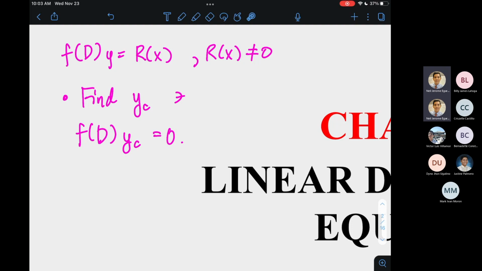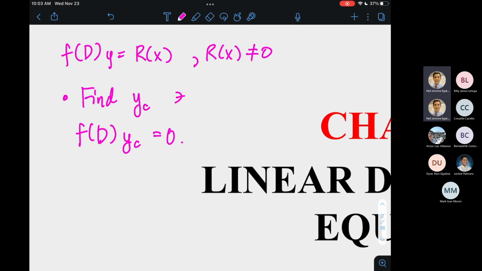Kung alam mo yung quartic formula, that's fine. Pero sabi ng Math 111 nyo, wala nang quintic formula. Yun yung na-prove ni Galois way back in the 18 or 1600s, I'm not sure. Pero yun yung drawback nito nung method natin, pagka malaki na yung degree ng polynomial, baka mahirap na siyang hanapan ng roots. But essentially, once you get the roots, then you know what y sub c is.